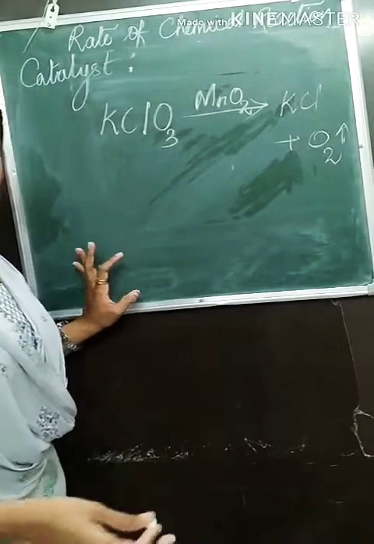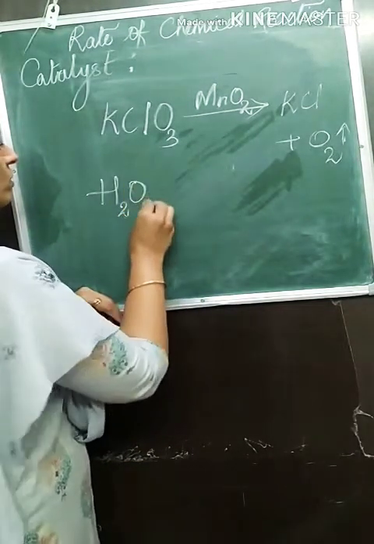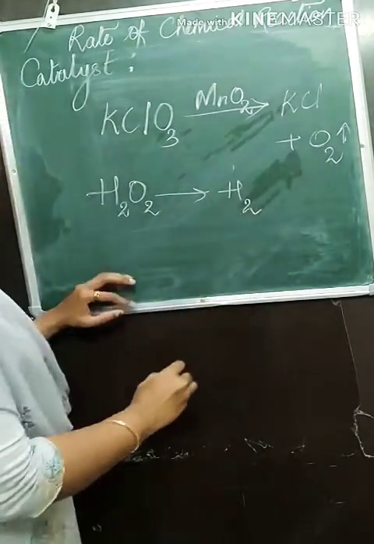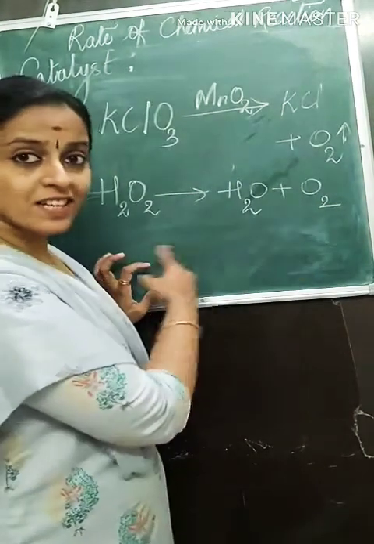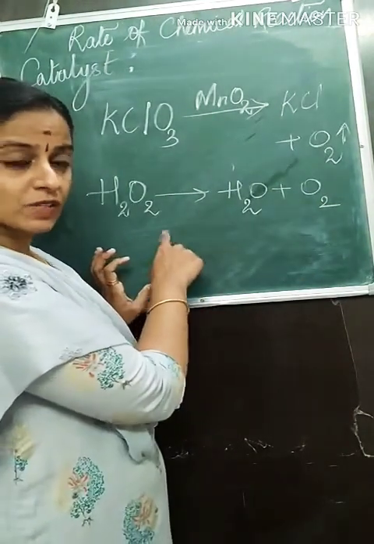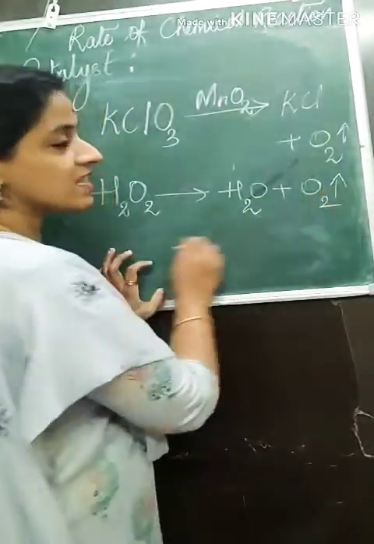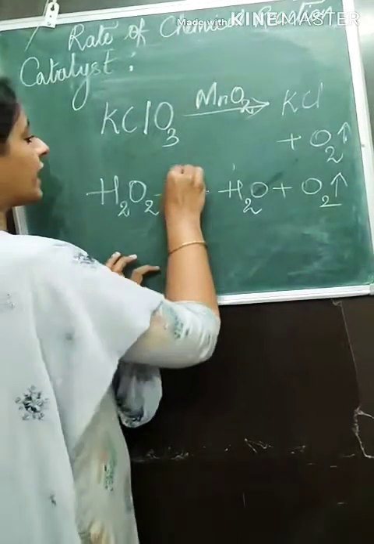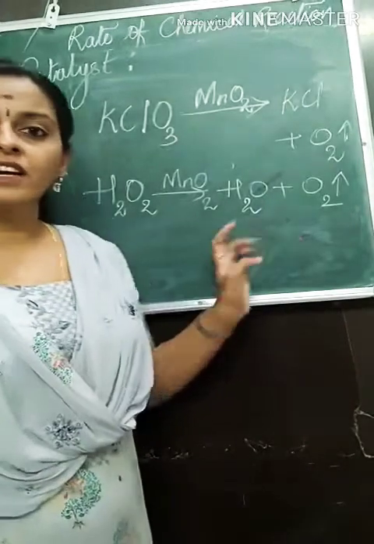Another example we had discussed, wherein we used hydrogen peroxide, H2O2, and it decomposes into H2O plus O2 gas. Hydrogen peroxide decomposes into water and oxygen gas. This is a slow process and it also speeds up after adding the catalyst MnO2. So two examples you have for catalyst.